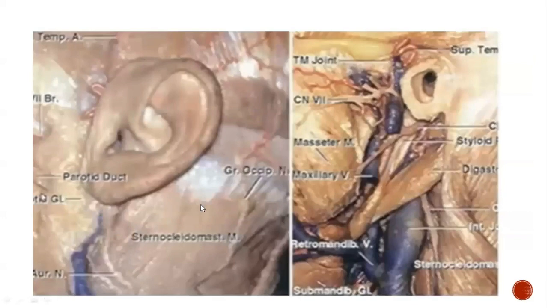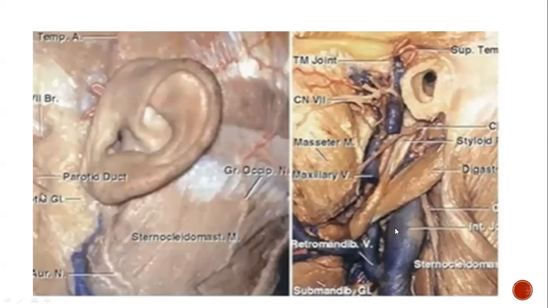Now here we will be seeing the lateral view of the skull, and we will be removing these muscles. So here we have the external auditory canal, anteriorly the parotid duct and gland, and posteriorly the sternocleidomastoid muscle.